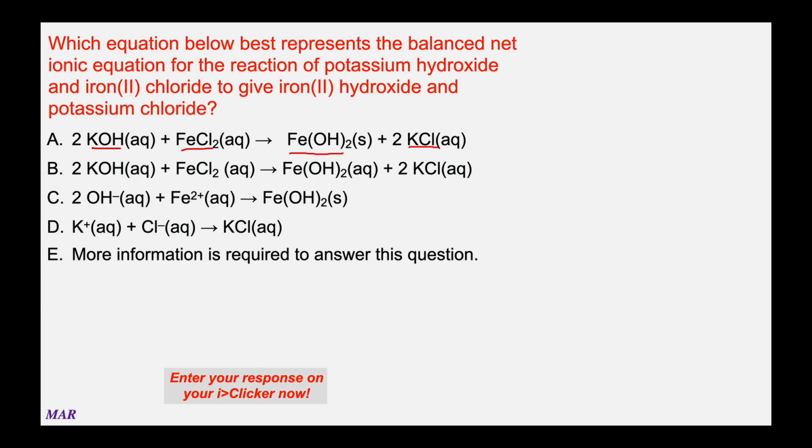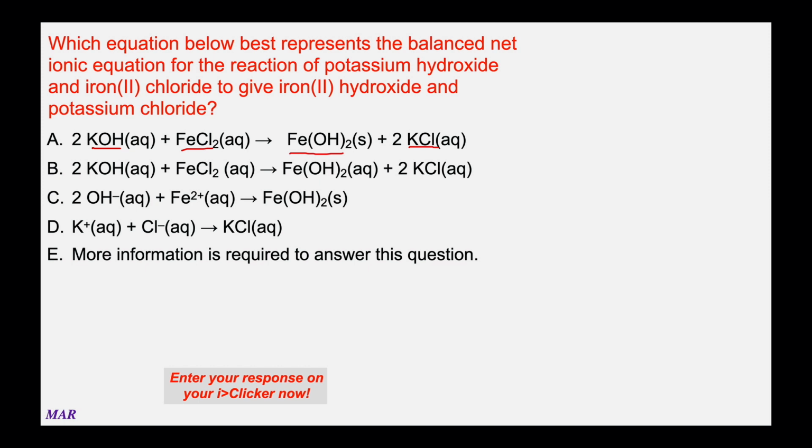States of matter. All right, anything with K, Na, NO₃, etc. will be aqueous. So KOH and KCl, definitely aqueous. Chloride, bromide, and iodide, usually aqueous, unless they're with silver, mercury, or lead, and iron is not any of them. So that's aqueous as well.